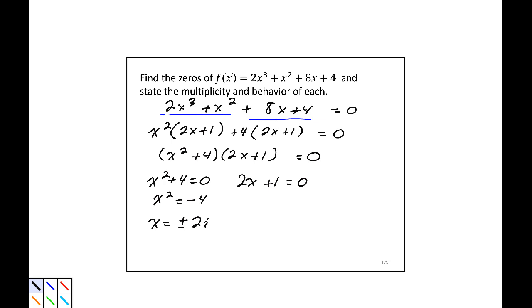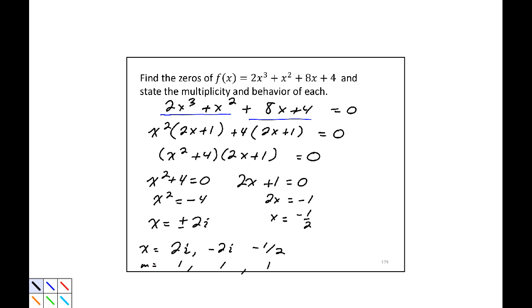So there we have two solutions, 2i, negative 2i, each with a multiplicity of 1. And the last, we would solve that. Subtracting 1, we get 2x equals negative 1, which means that x equals negative 1/2 with a multiplicity of 1.